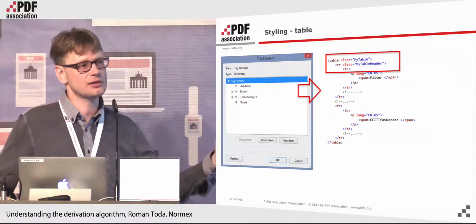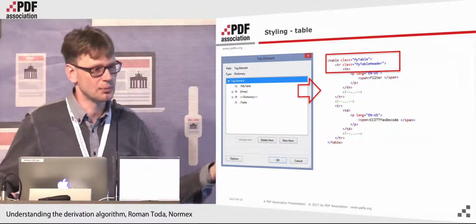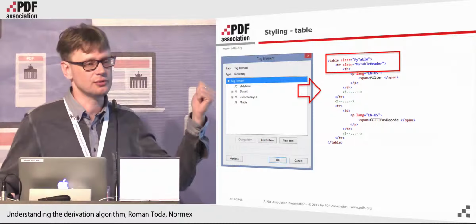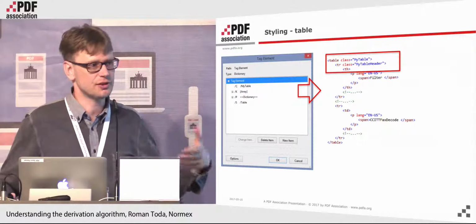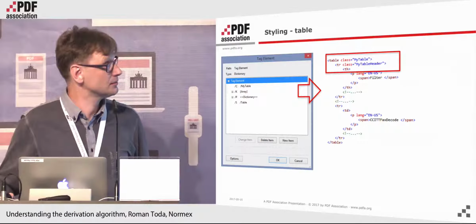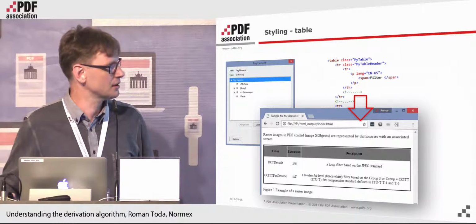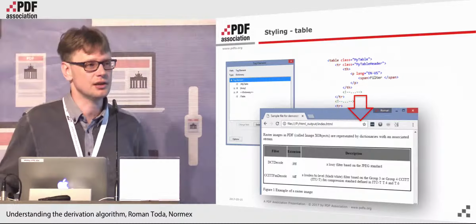You just recognize that the tag is using a specific class map, you apply it, you prepare that upfront before the derivation runs, because the class map is processed before, and you come up with this at the end, right? So that looks a little nicer now.